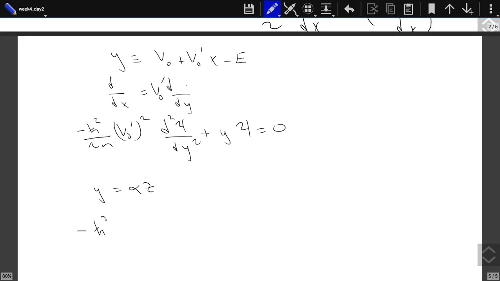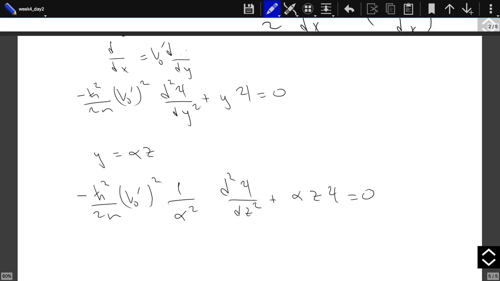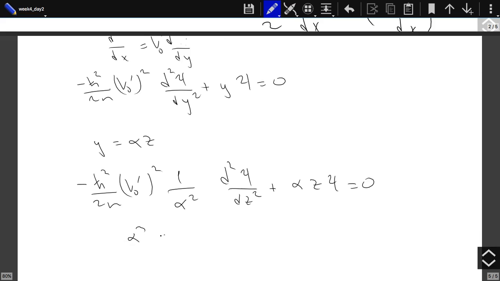minus h bar squared over 2m v0 prime squared 1 over alpha squared d squared psi by dz squared plus alpha times z times psi is equal to 0. Let's just choose alpha cubed is equal to h bar squared over 2m v0 prime squared with the minus sign.